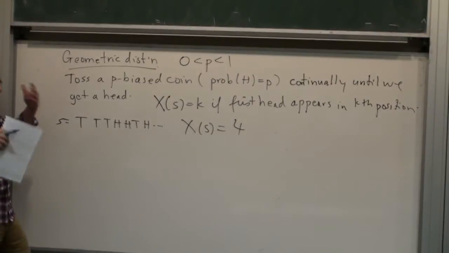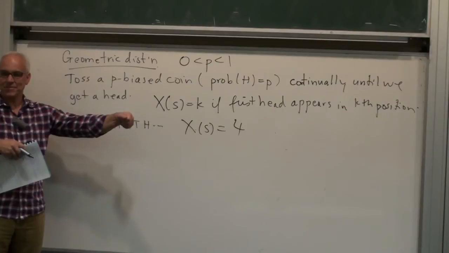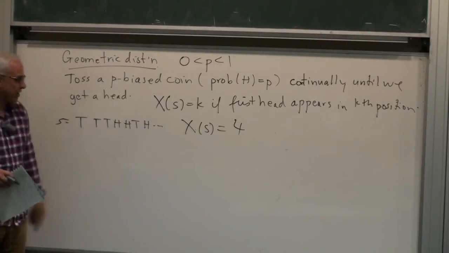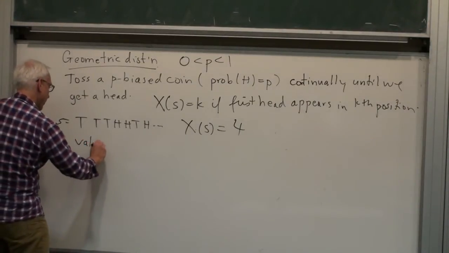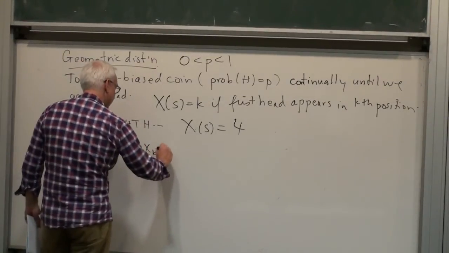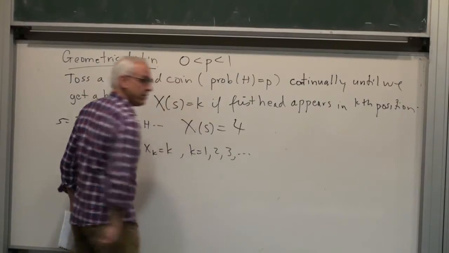Okay, there's an underlying population, the population of strings. The function is counting where the first head appears. The possible values are x_k equals k, for k equals 1, 2, 3, and so on.